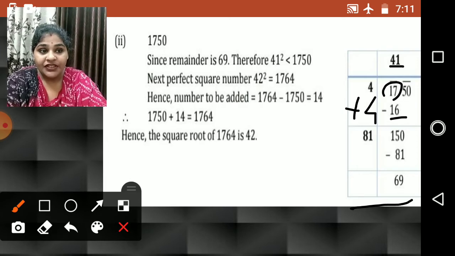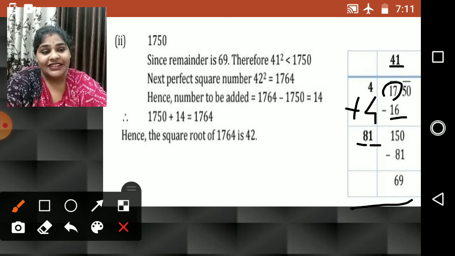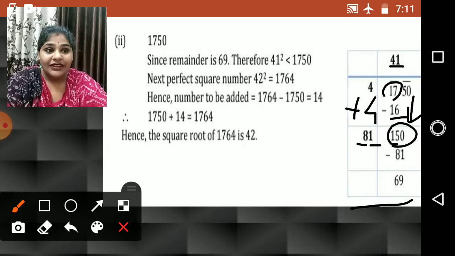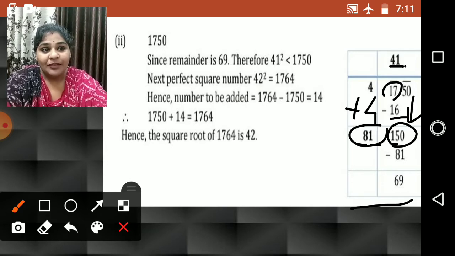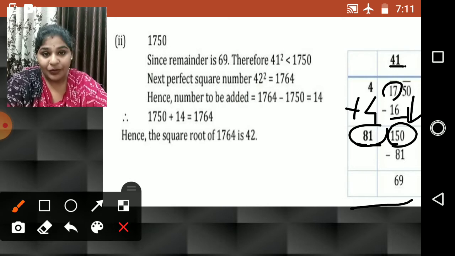That is 4 plus 4 will be 8, and after 8 there will be a dash. Now on this side 17 minus 16 is 1, and the next pair will come down, that is 50. So the number over here is now 150. Now in the dash we have to take such a number that this whole number multiplied by the same number should be equal to or less than 150.